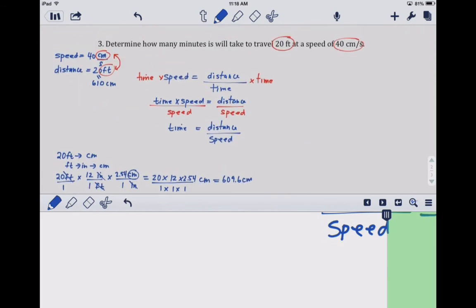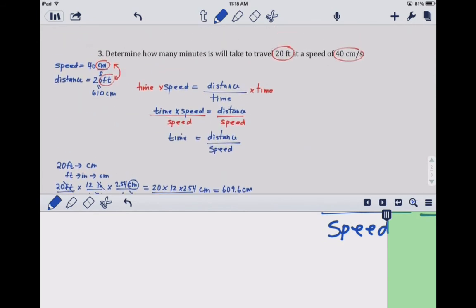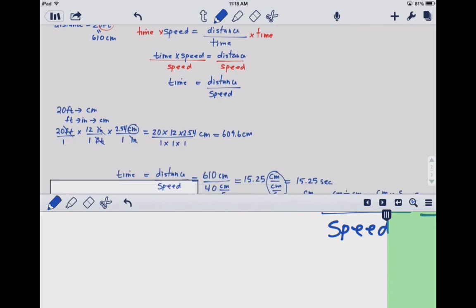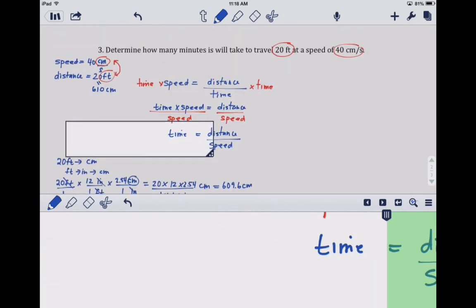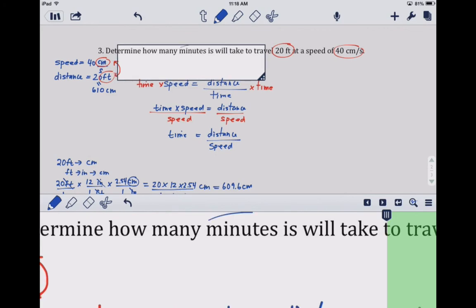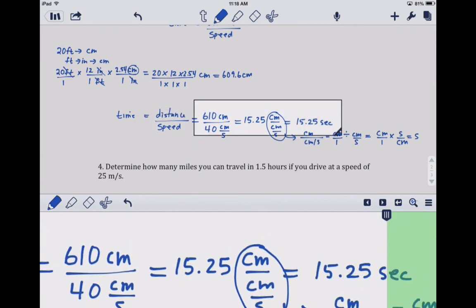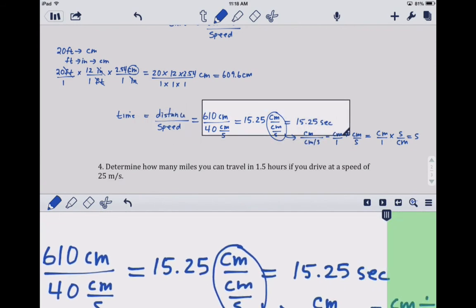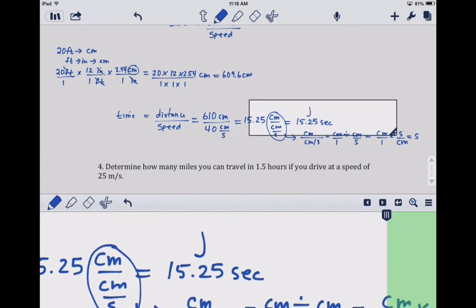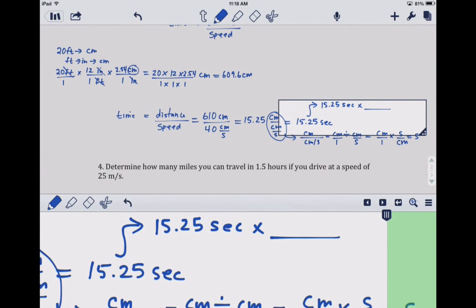However, we're not done, because this last problem asks me to get this answer in minutes. Right? If you go back to the original problem, you'll notice it says how many minutes. And my answer is in seconds. So I need to do one last conversion. I need to convert this problem 15.25 seconds times seconds in the denominator, 60 of them in 1 minute.